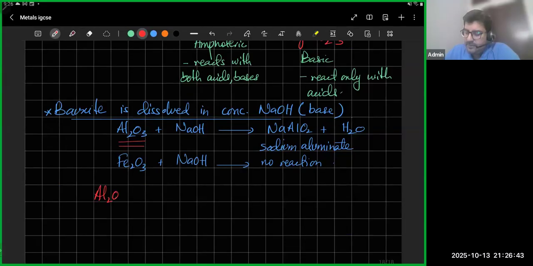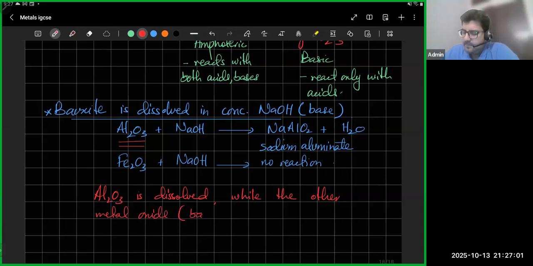So Al2O3 is dissolved, while the other metal oxides, which are basic, are simply filtered off and removed. So that's how you basically extract aluminium oxide from the rock.